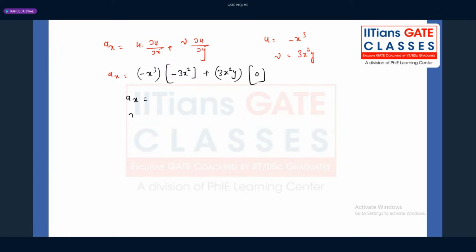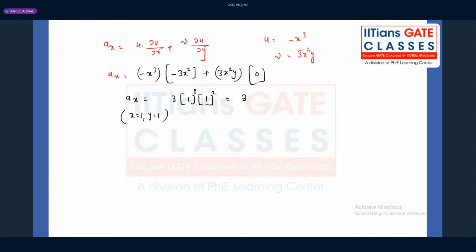So what is the acceleration at x equal to 1 and y equal to 1, guys? 3 into 1 into 1, which is equal to 3.